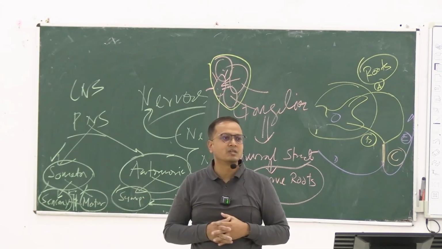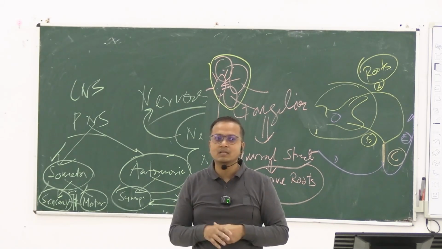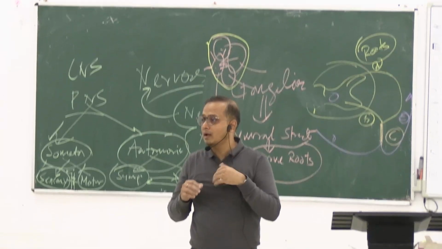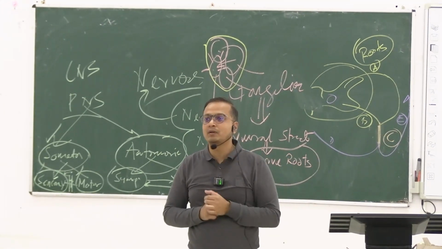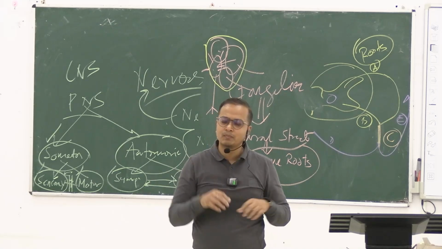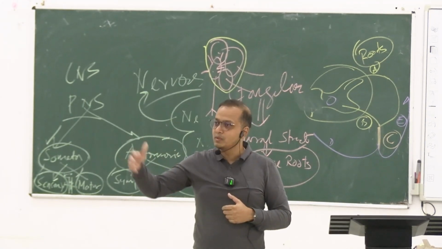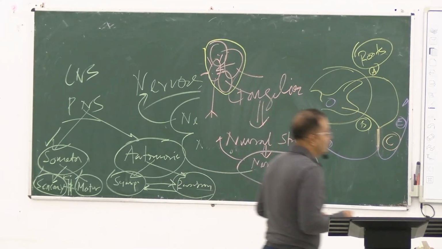Somatic subdivision sensory and motor, autonomic which is sympathetic and parasympathetic. How do they function? How does this particular spinal nerve look like, having two roots, ventral root and dorsal root? What do you mean by the rami? What exactly are these rami doing, and what is the role of these rami or the spinal nerves in terms of neural plexus formation? That will be coming in future classes as well, whenever you are going to learn.